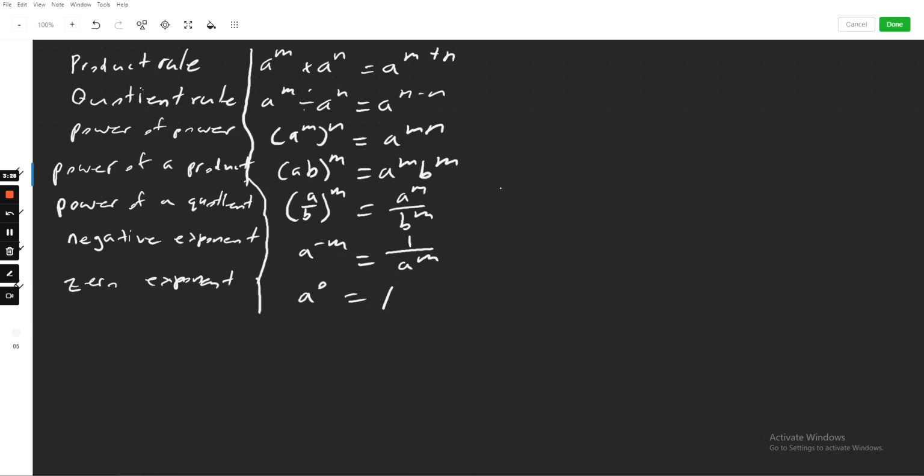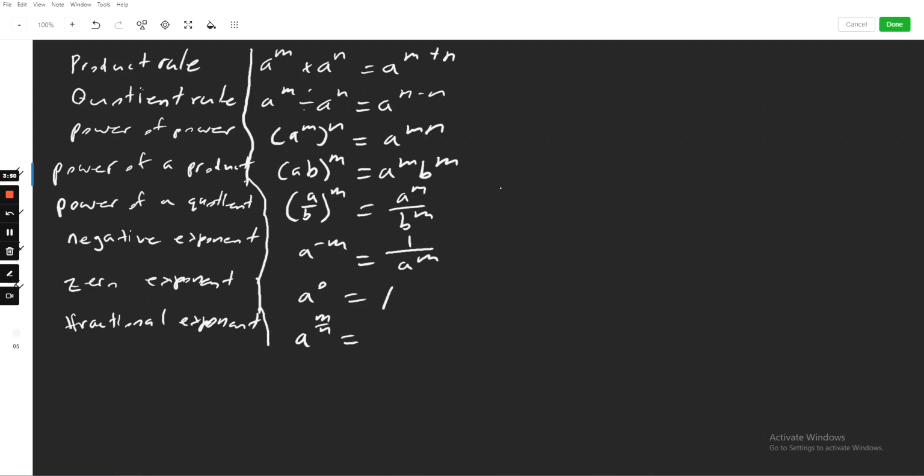And lastly, we have the fractional exponent rule. This is pretty much when the exponent is a fraction, like the name says, so m over n.